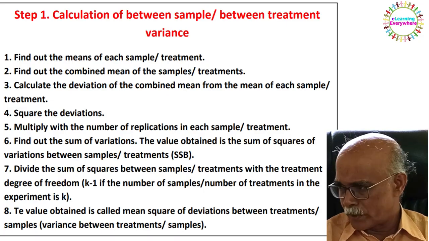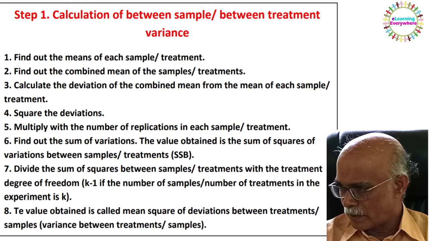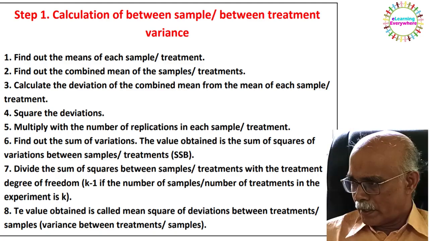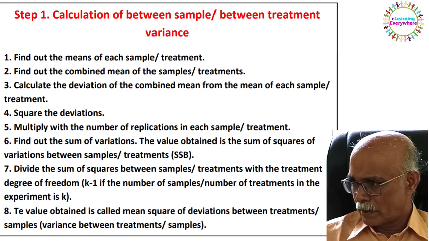The value thus obtained is the sum of squares of the variation between samples.